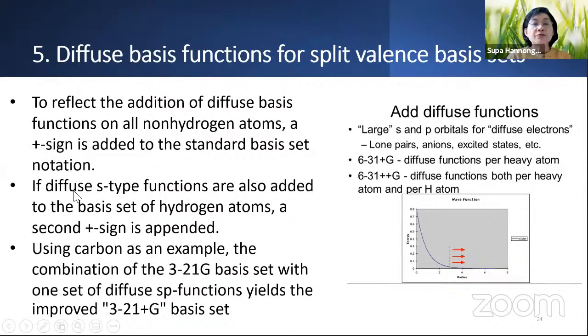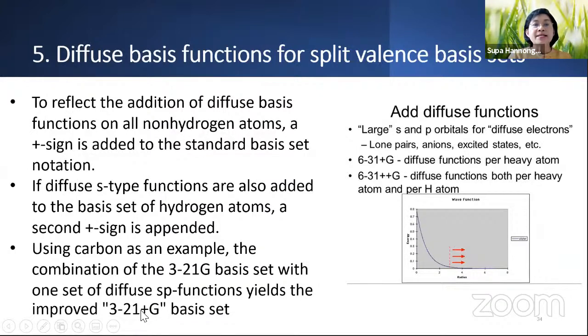If diffuse s-type functions are also added to the basis set of hydrogen atoms, that means you need to put a second plus. For example, using carbon, the combination of the 3-21G basis set with 1 set of diffuse sp functions yields the improved basis set 3-21+G.